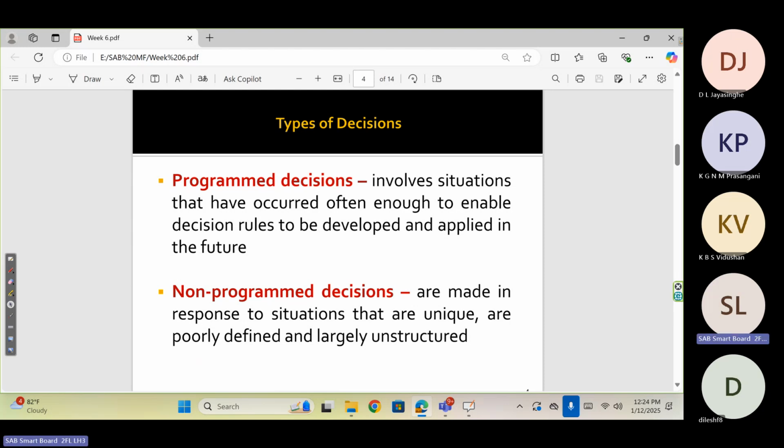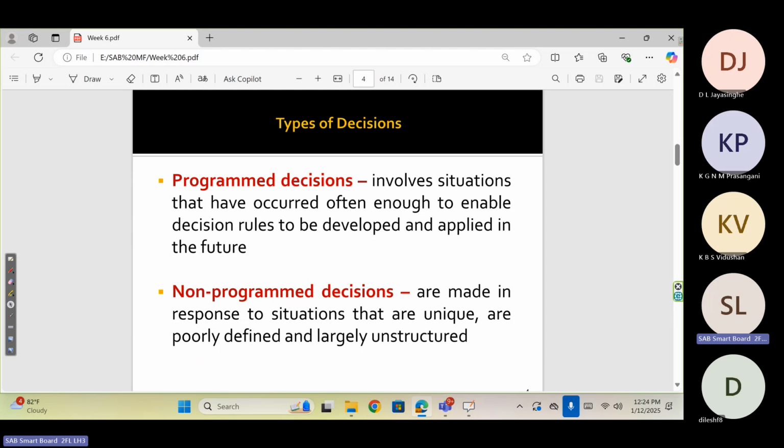Normally, program decisions can get information from TPS, transaction processing systems: order processing, inventory management, employee overtime related decisions, procurement decisions, logistics decisions, where a lot of scheduled information is used.